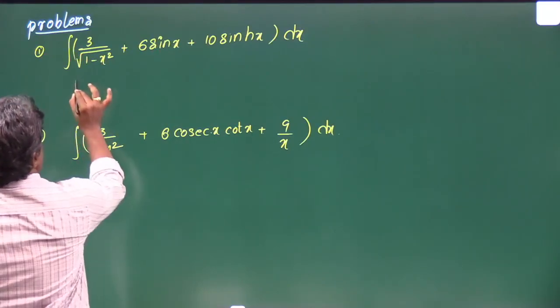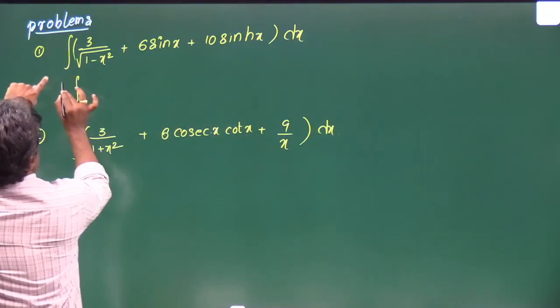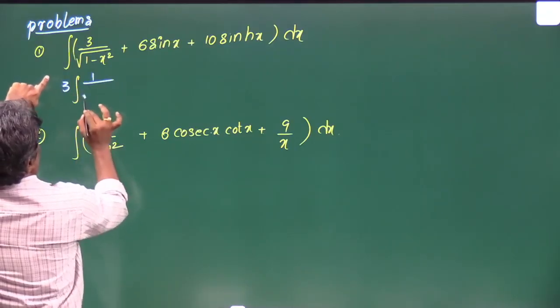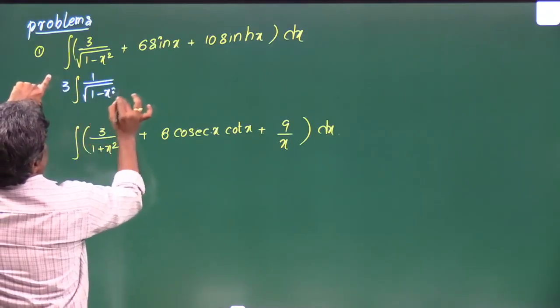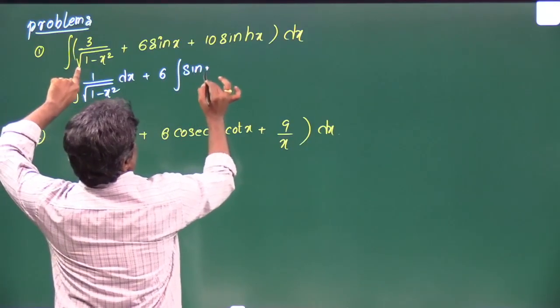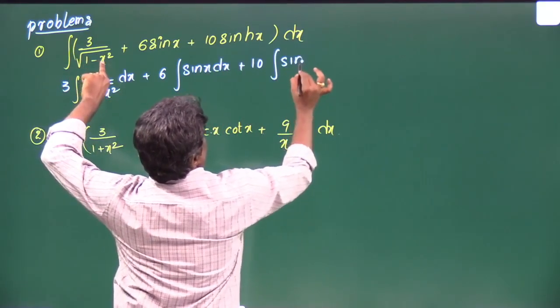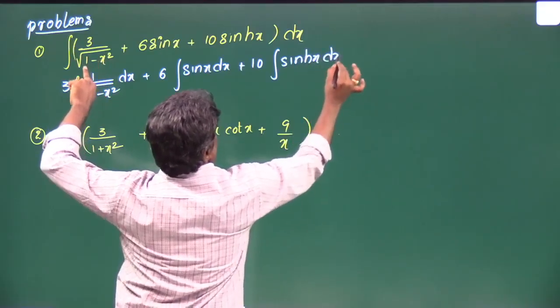So just to split it as usual, integral 3 outside constant 1 by under root 1 minus x square dx, and 6 outside integral sin x dx, plus 10 outside integral sin hyperbolic x dx.